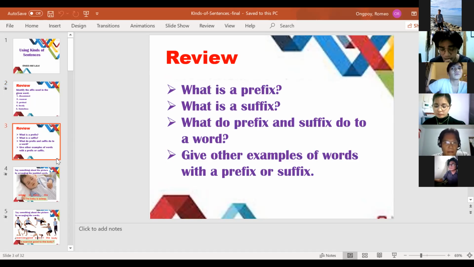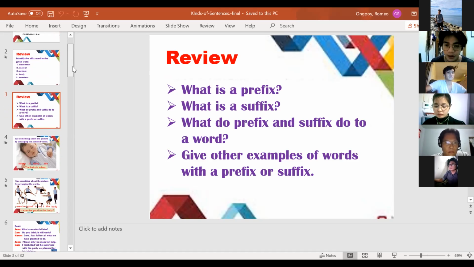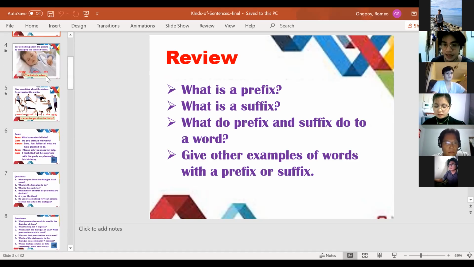For review, I'm just going to discuss this briefly. What is a prefix? As we learned yesterday, a prefix is a word or a part of a word that is added before the word to add something positive or something negative.